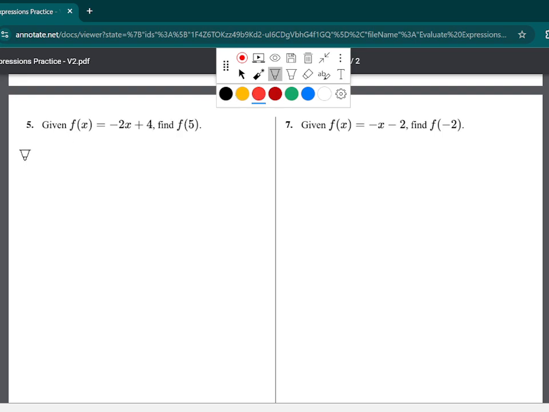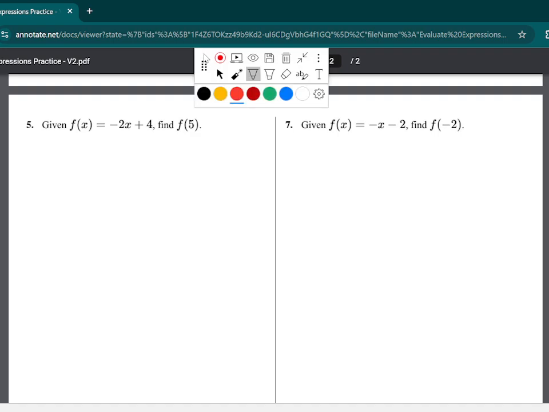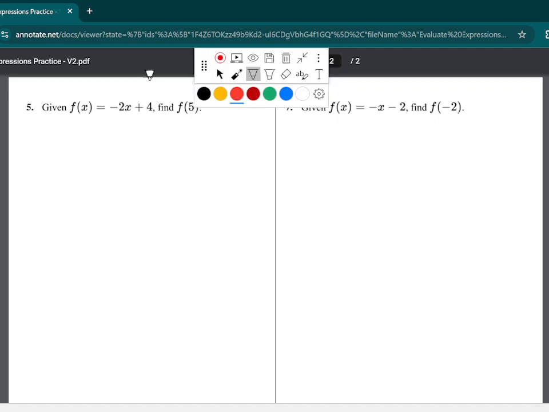Orange, sure. So now we have the same idea, but it's given to us a little bit more complicated. We have given f of x equals negative 2x plus 4.